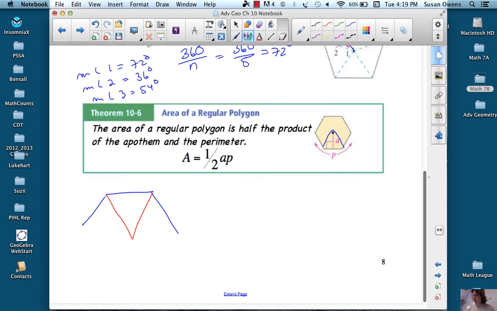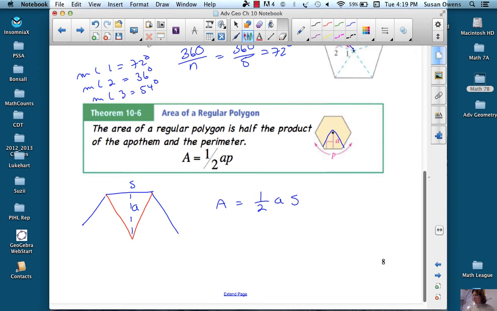Those congruent triangles would have a base of one of the side lengths, so I'll call this S. And it could also have a height, which would turn out to be the apothem, so I'll label it A. Each one of these triangles is going to be 1/2 the apothem times the side length.